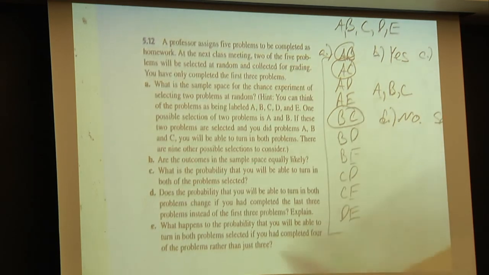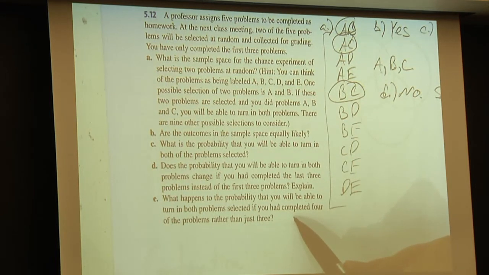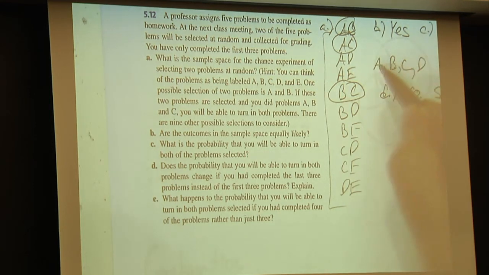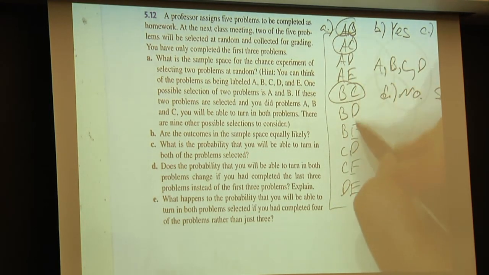So we're good to go on that end. And then let's see what happens to the probability that you'll be able to turn in both problems if you had completed 4 of the problems instead of just 3. So it's actually going to double from 3/10 to 6/10. And we can take a look at this. Let's say we also did problem D. So we still have what we had before, where those pairs apply.